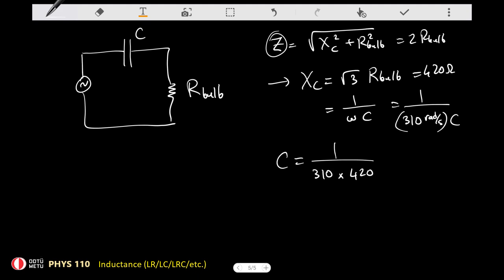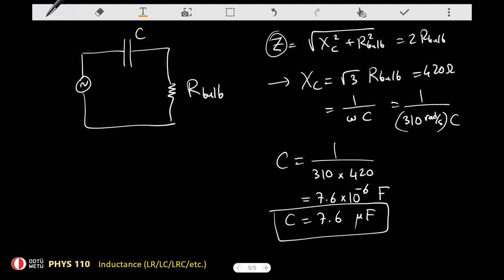So it appears that this is equal to 7.6 times 10 to the minus 6 farads, unit is farads, but we just use the microfarad unit. It's kind of more practical. So the capacitance should be 7.6 microfarad for this to happen.